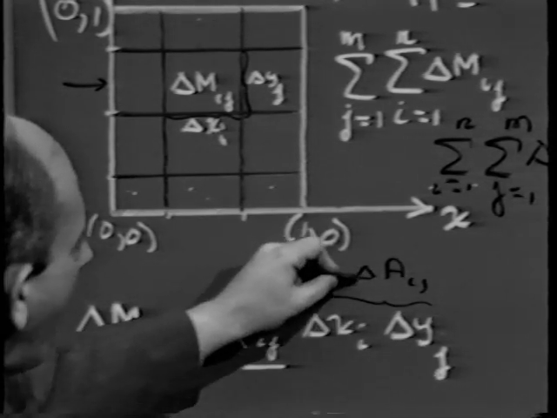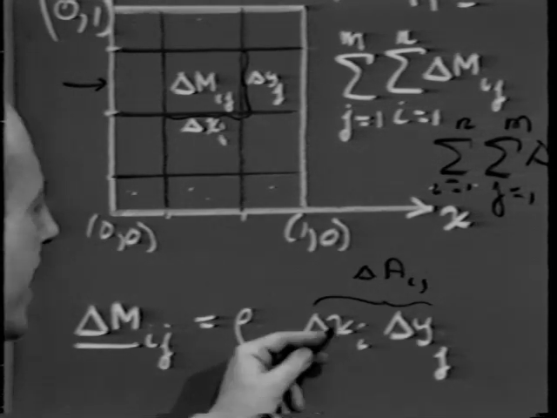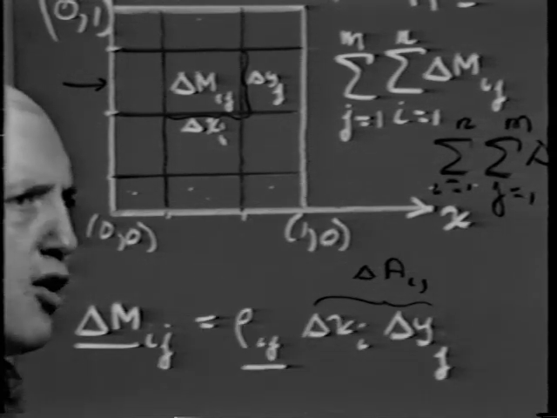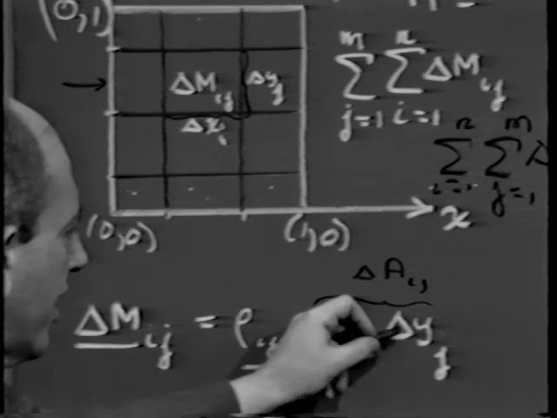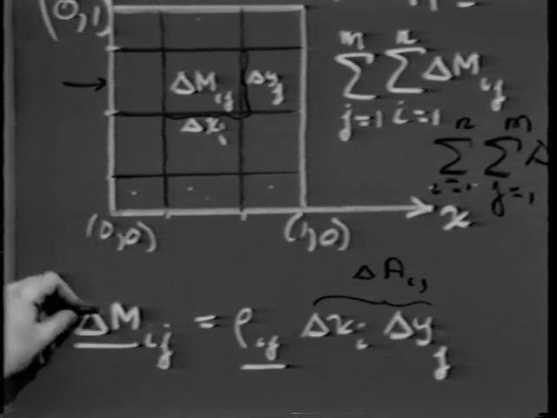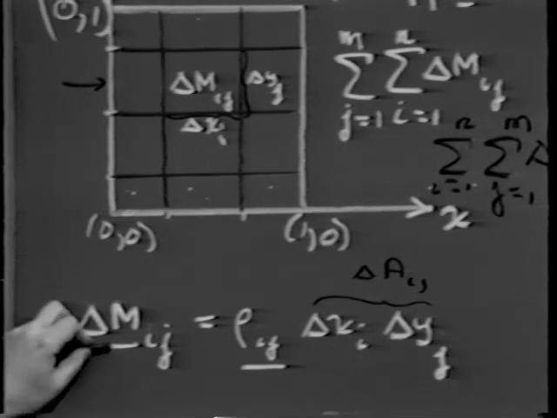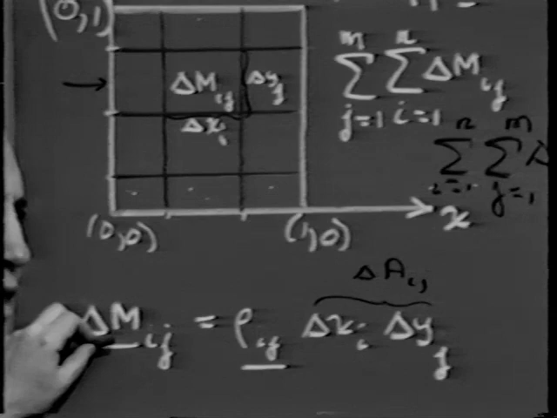I prefer to call that delta a sub ij, so we don't prejudice either the order in which we write these factors or the particular coordinate system that one wants to use. But because I think you're more familiar with Cartesian coordinates, I will continue to write this. But the idea is I compute the smallest mass, in other words, an underestimate.